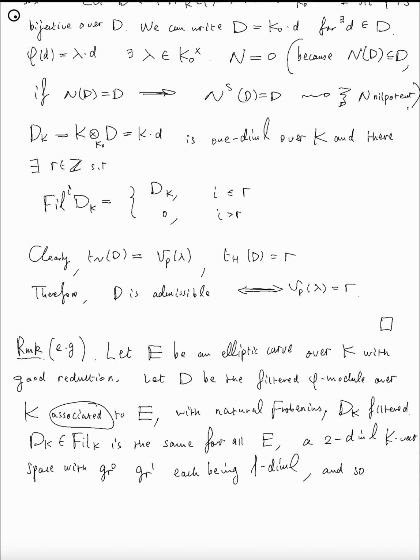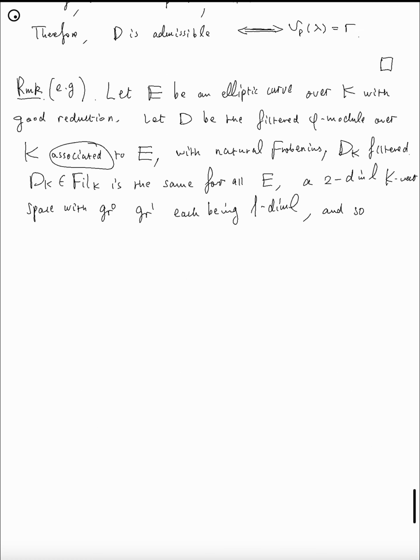And so what does this tell us? This is telling us that if we draw the Hodge polygon for this elliptic curve E, its breaking point starts at (0,0), and then it's dimension 2, but the first part is here (1,0), and the second part is here (2,1).